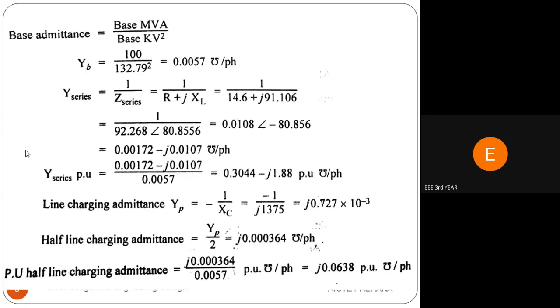Now I divide 1 by this value and we get 0.0108 at an angle of minus 80.856. This value is converted to rectangular form, and we get 0.0017 minus j 0.0107 mho per phase. I said already, mho is the unit of admittance.